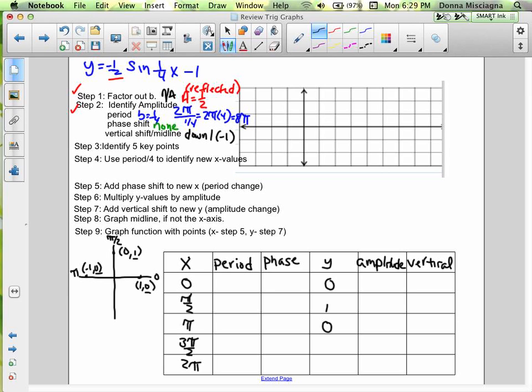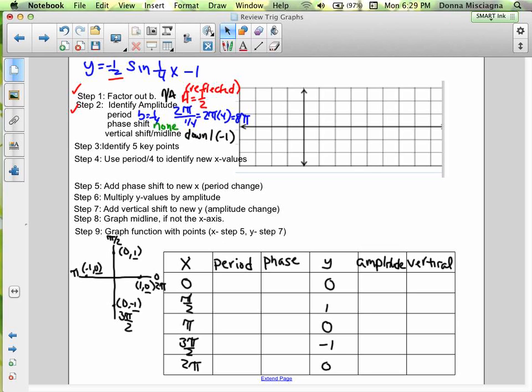So sine is 0. Here we are at 3 pi halves. This is the point 0, -1. So sine is -1. And then we're right back to where we started from because 2 pi and 0 are the same location. They are coterminal angles. So there we have our x and y values.